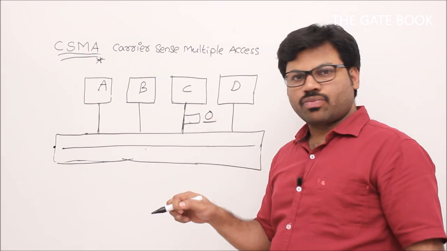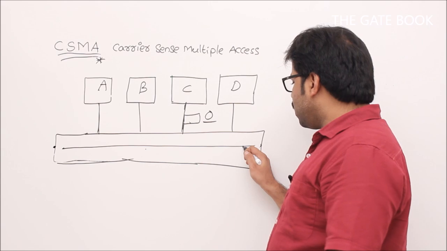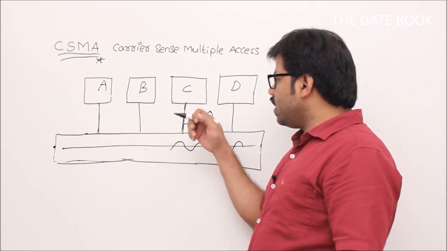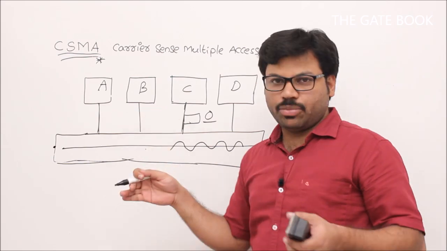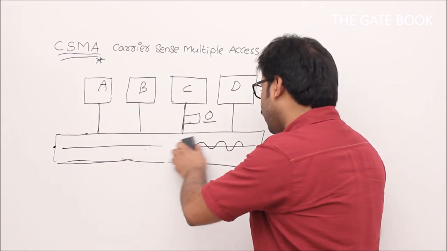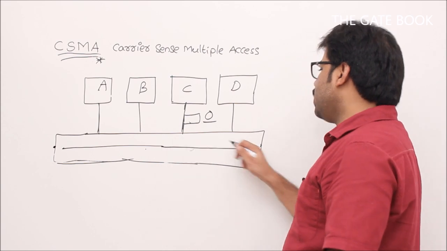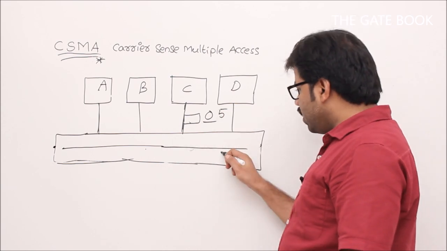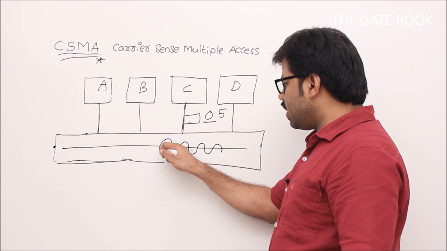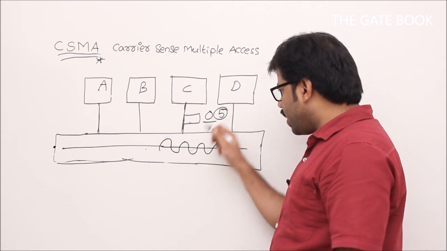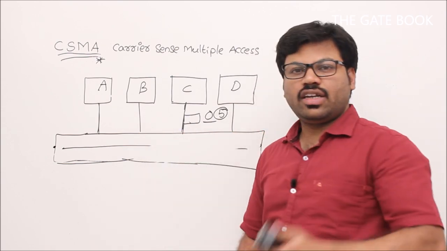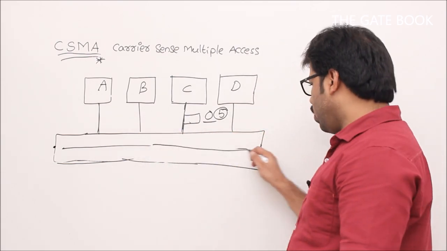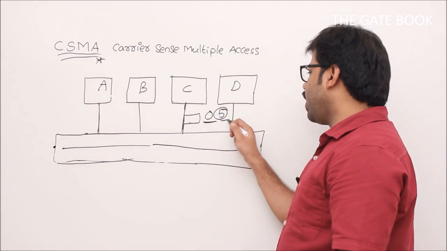Since all these adapters know what kind of signals are generated by other computers, only then these protocols will work. Let's say the energy level is 5. Whenever the adapter understands that there is energy level 5 in the cable, it understands that some data is going. In that way, it can differentiate between a 0 energy level signal and a 5 energy level.